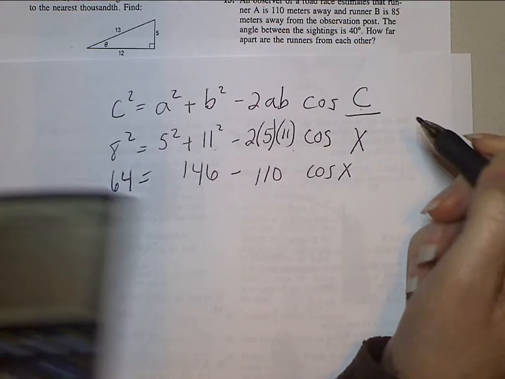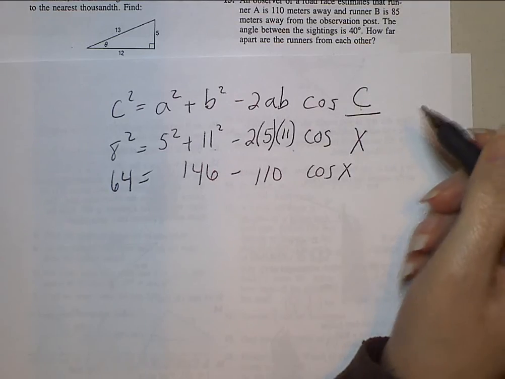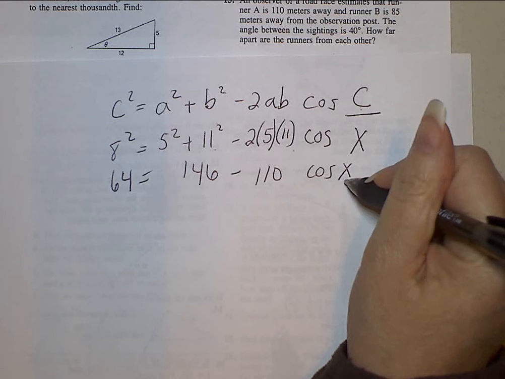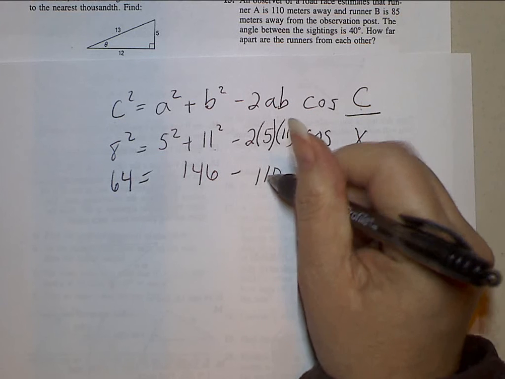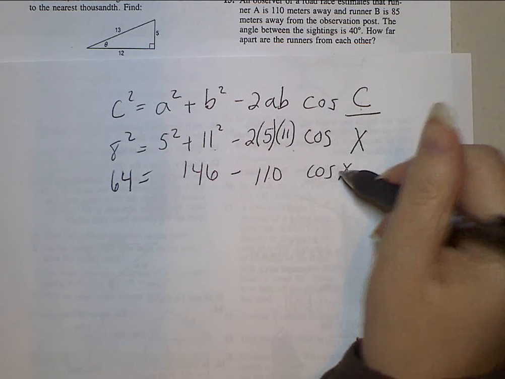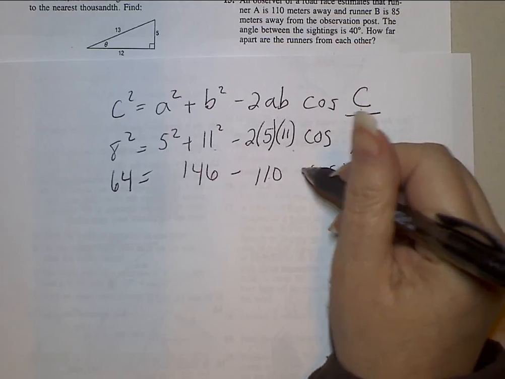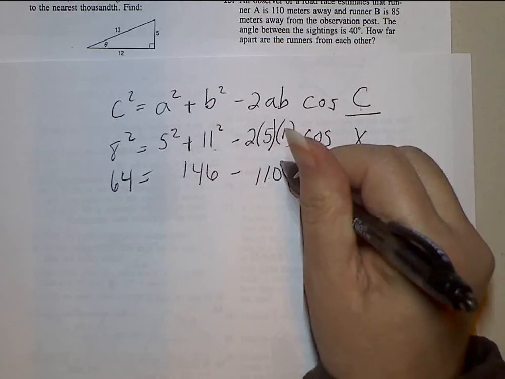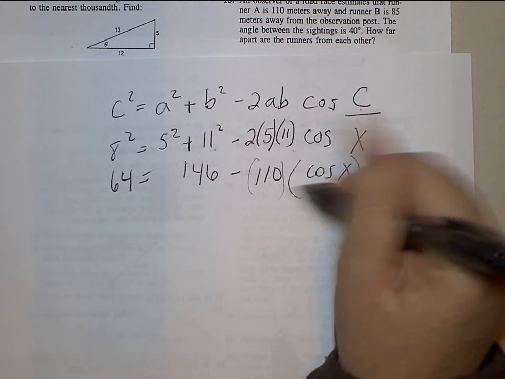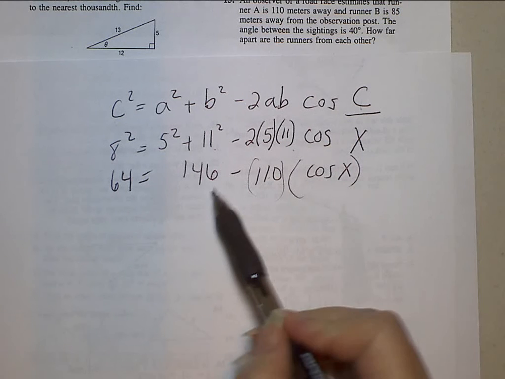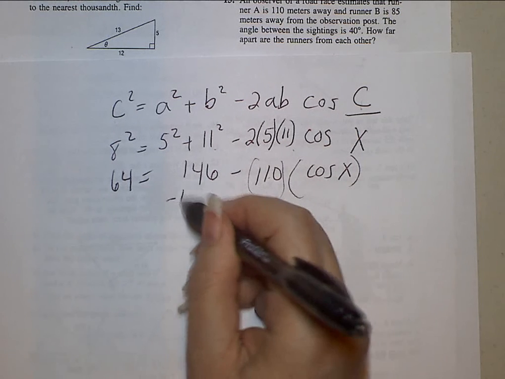What is my next step? Remember this, what is 110 doing to cosine x? It's multiplying. Yeah, so if you need to, you can put parentheses around that. That's multiplying itself. So my next step is to subtract 146.